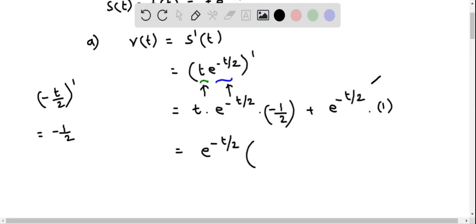And then I write this first one. So here it is 1 times e raised to the power of negative t by 2. So I put 1, and in this expression we have t times negative 1 by 2, which is negative t by 2. So we have written this velocity function in factor form, which is the expression on the right side.